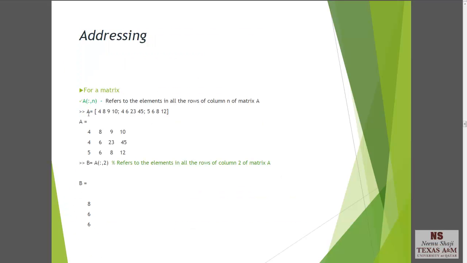For a matrix, A of colon, n refers to elements in all the rows of column n of matrix A. So we have a matrix A here, and A of colon, 2 refers to the elements in all the rows of column 2, which is 8, 6, 6.